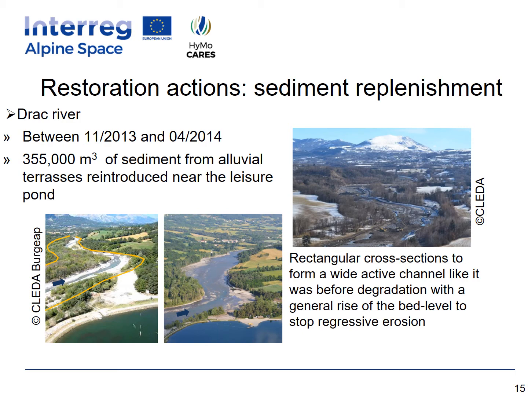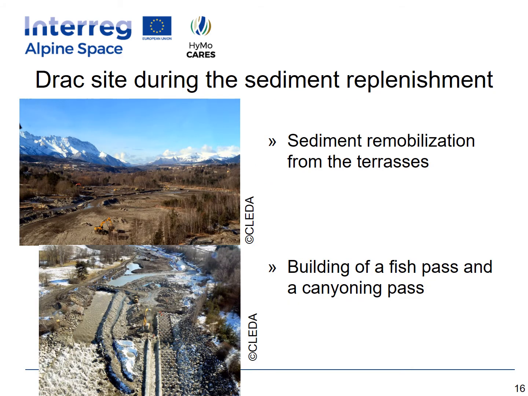Expected restoration effects are the spontaneous recreation of a braided channel, the increasing of habitat heterogeneity, and the improvement of the ecological status of the river. On the top, this is an illustration of the restoration works with the sediment remobilization from the terraces, and on the bottom, the creation of the fish pass and the canyoning pass.